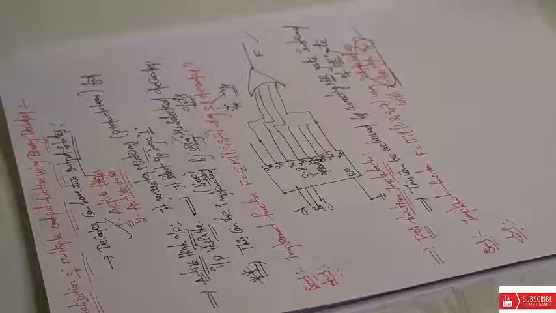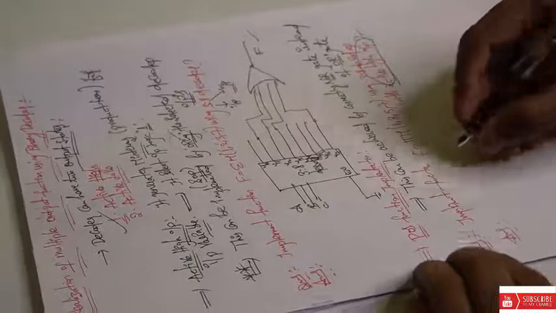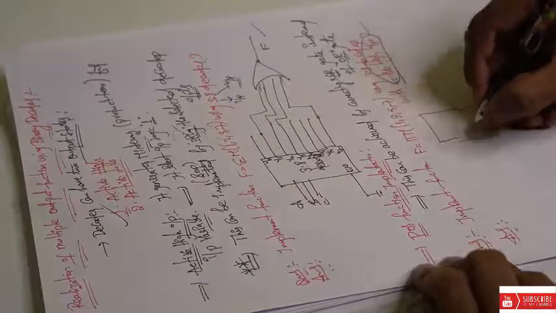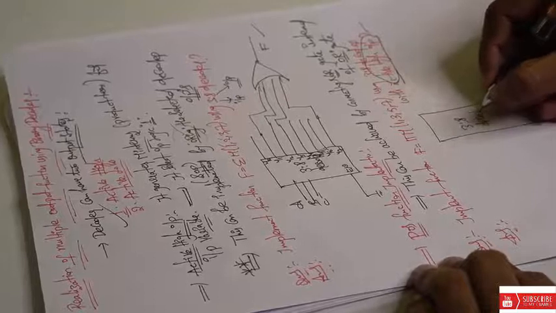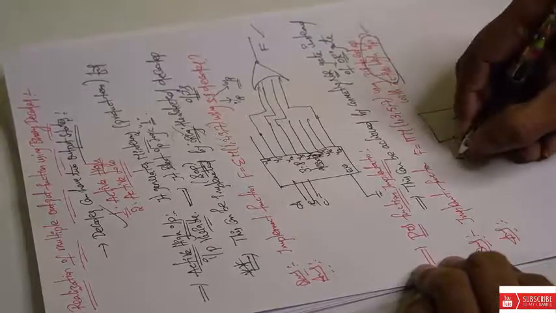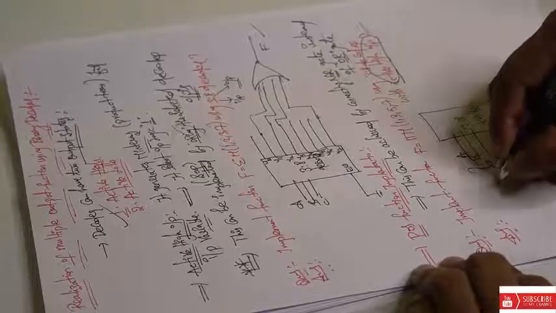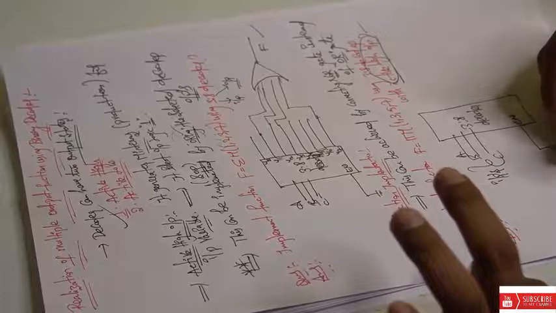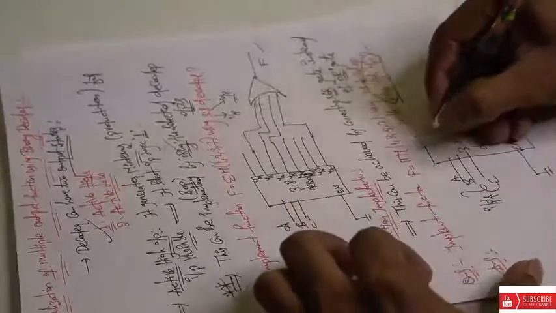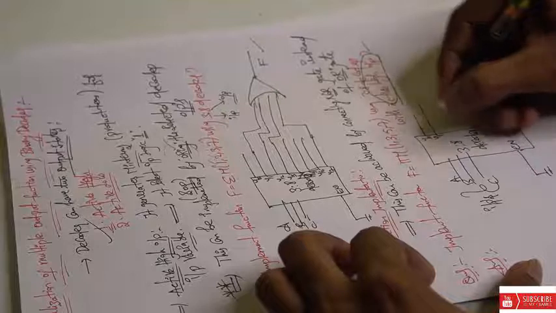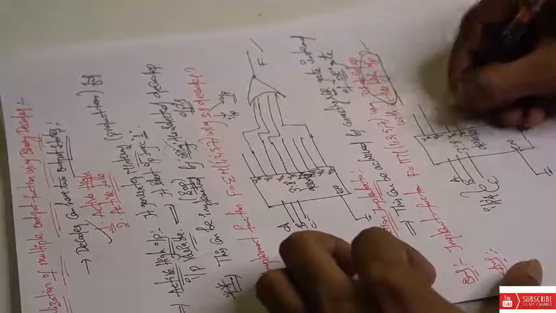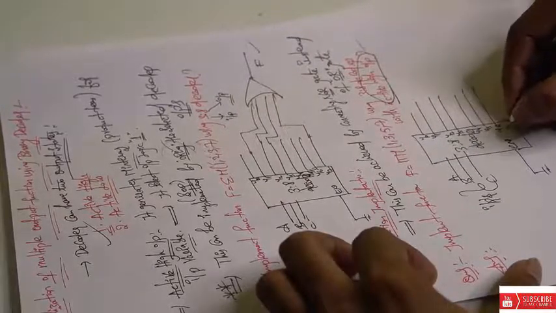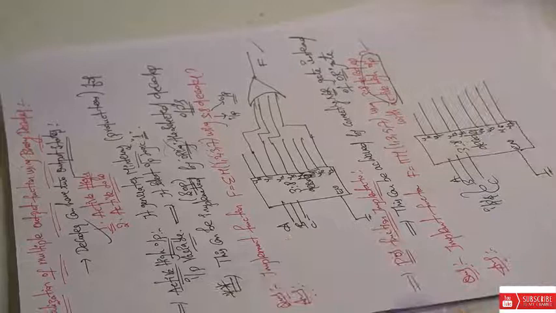Now let's see this problem. Here is a 3 to 8 decoder with 3 inputs A, B and C. Here you will take the enable, and you will get the outputs Y0, Y1, Y2, Y3, Y4, Y5, Y6 and Y7.